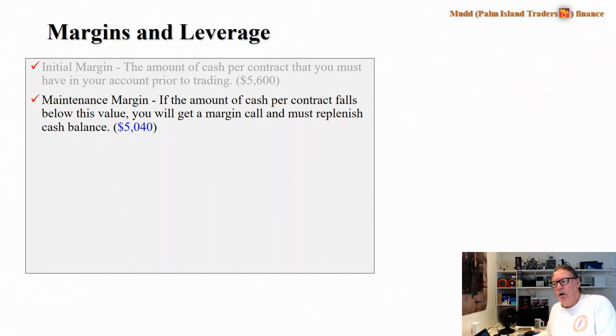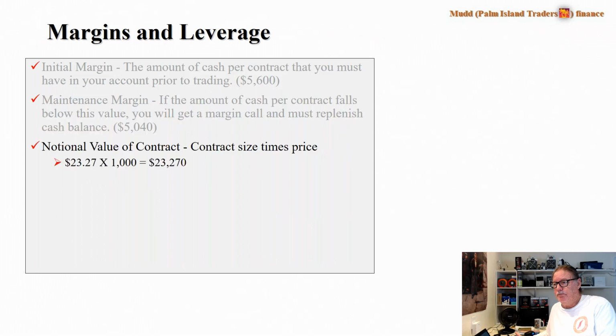The maintenance margin is the amount of cash per contract below which, if your cash falls, you will get a margin call and you must replenish your cash balance. So in the case of the CL contract, if the cash per contract falls below $5,040 per contract, you'll get a margin call. There have been a lot of margin calls lately in these markets because of the severe volatility of the markets, and that has caused problems for some traders.